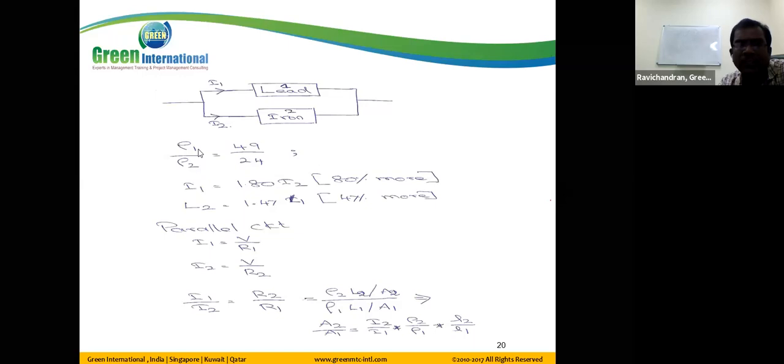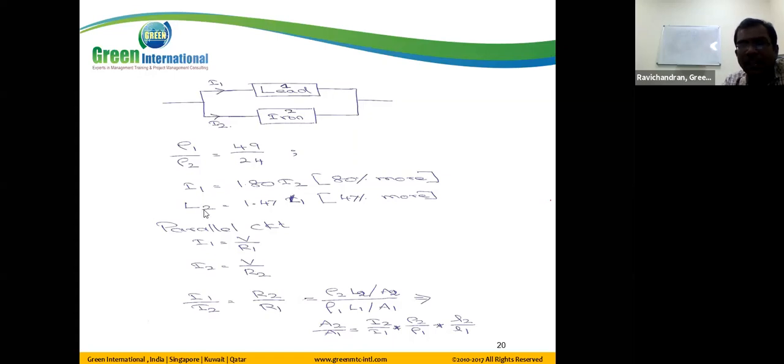So rho 1 is the specific resistance for the lead wire, rho 2 is the specific resistance for the iron. So rho 1 by rho 2 gives 49/24. And current flow in the former is 80% more than the latter wire. So I1 is equal to 1.8 I2, that is 80% more. That's why I denote it as 1.8 I2.